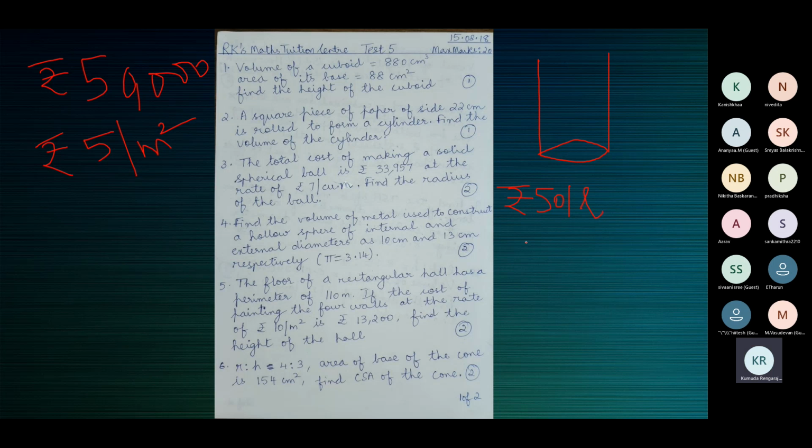And when you fill this can or vessel to capacity, meaning when you fill oil to the brim of this container, you had spent rupees 400.